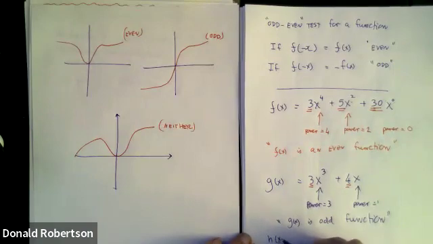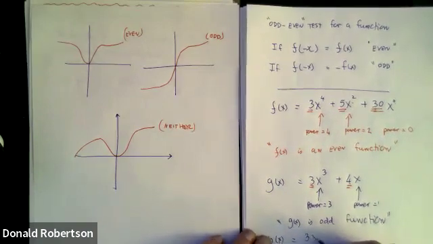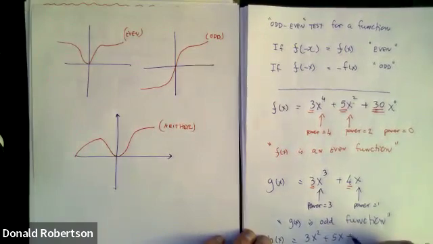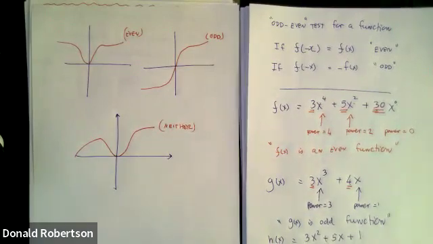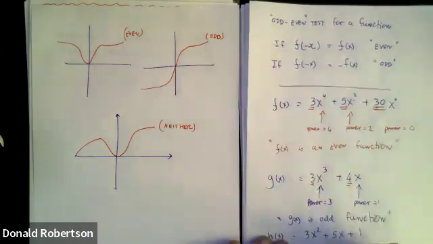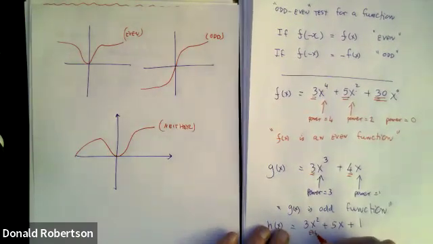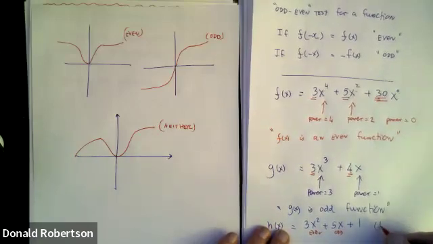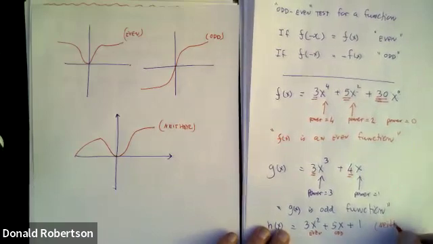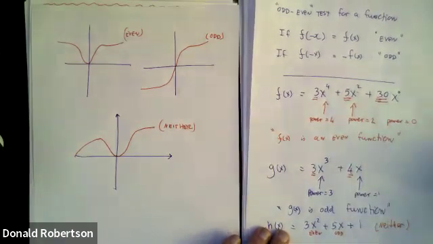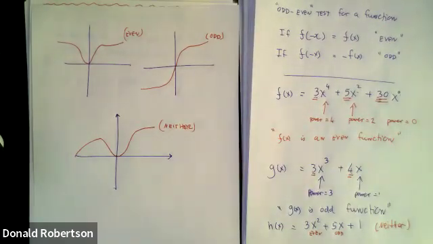And of course, if you have even powers and odd powers, right? So this is 2, this is 1, then you will have a graph that's neither odd nor even. It's just a normal curve with no particular symmetry worth talking about.